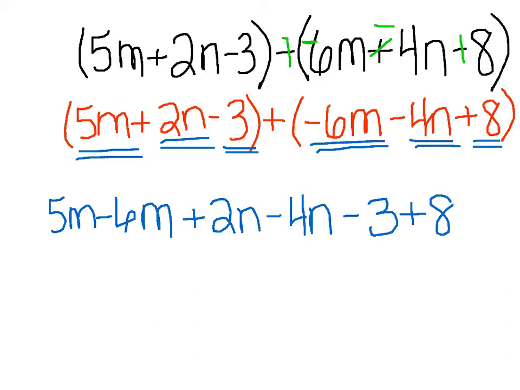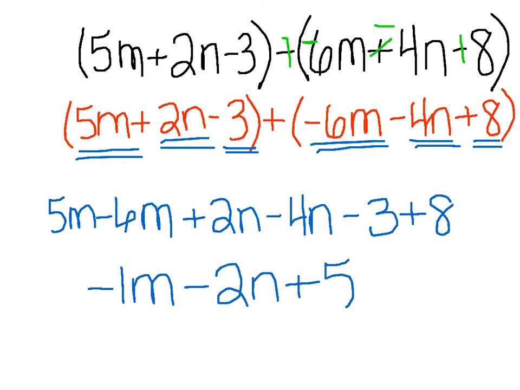Now we combine. 5m minus 6m is the same thing as 5 minus 6, which is negative 1m, or negative m. 2n minus 4n is 2 minus 4, which is negative 2n. And negative 3 plus 8 is positive 5. So our final answer is negative m minus 2n plus 5.